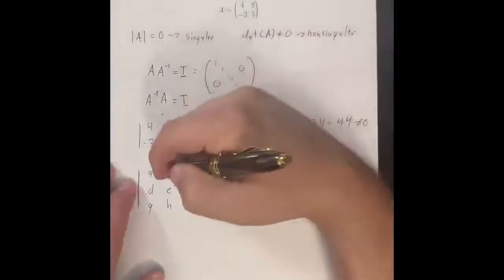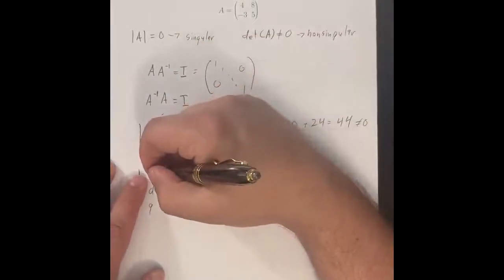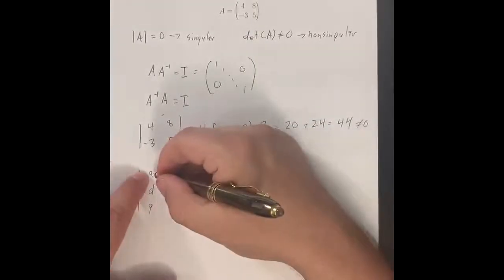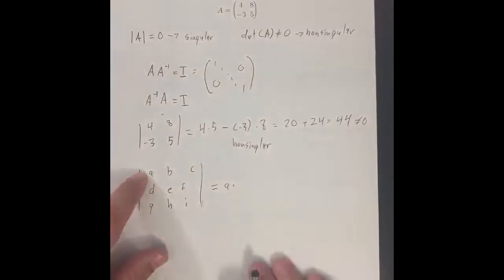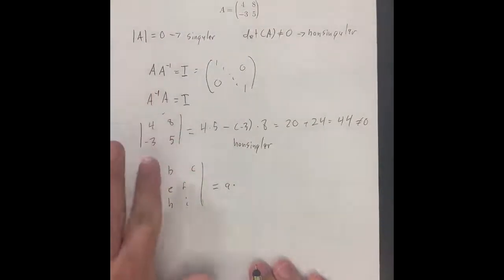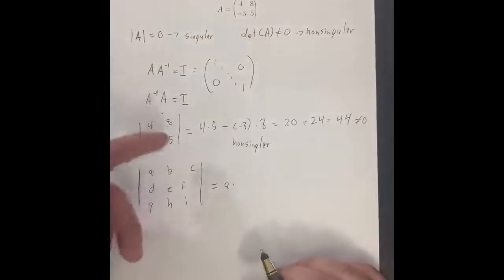So for example, one possibility would be A times the determinant of the submatrix. The submatrix means we take out this row and this column, and we take the determinant of the remaining matrix.